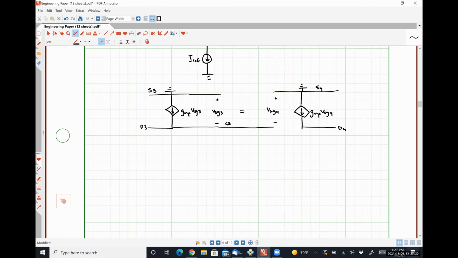Now let's get down here to the NMOS portion of things. So here we're going to have GMN VGS1, plus minus VGS1. Here is some input voltage VCM. And then the same thing over here.